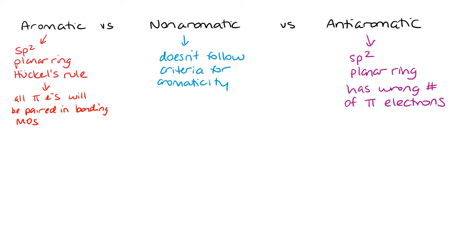Now, non-aromatic compounds do not follow any of the criteria for aromaticity. So that means that it may contain an atom that is not sp2 hybridized. It may contain a molecule that's not a ring. And it may not be planar. So a few examples of some non-aromatic compounds can be something like this.